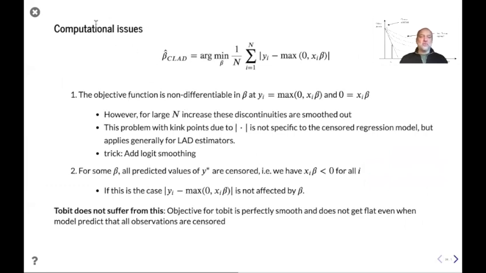There are some computational issues involved in implementing this estimator because you need to find the argument that minimizes the sample objective function. You already kind of alluded to the problem that this function is non-differentiable. So how do you do that if you're using a gradient-based solver? The answer is you don't, at least not with this formulation of the objective function.